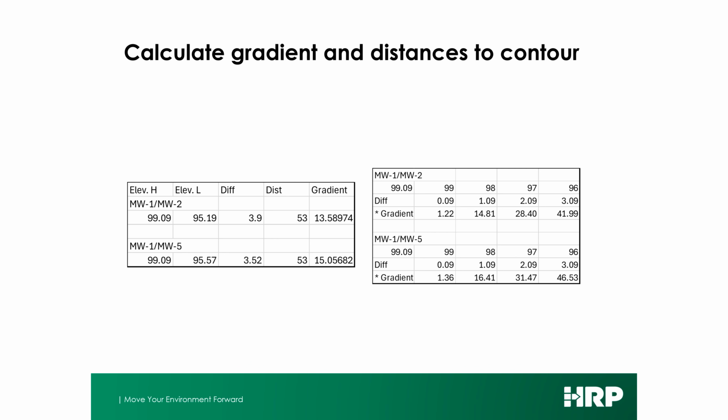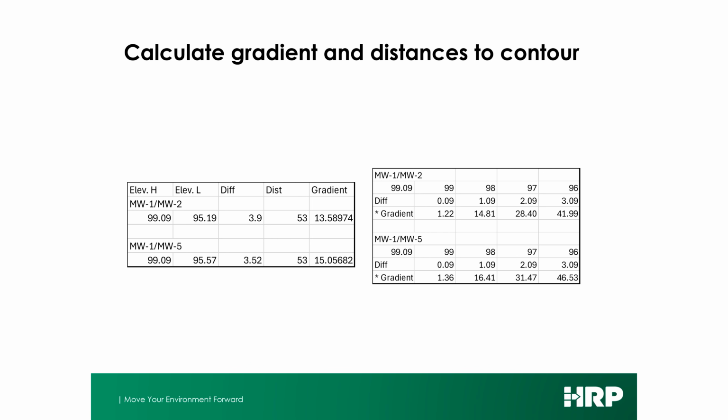Now to scale those, we have to then multiply it by the gradient. And that's what the bottom line is. So for MW1, MW2, 0.09 times 13.58 comes out to be like 1.22, which you would expect. It's like right on top of MW1. And so on down the line.